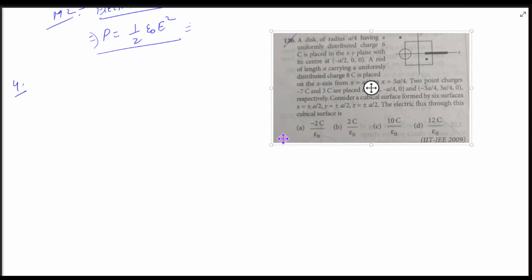So this is our fourth question. Now we have a disk of radius a by 4, having uniformly distributed 6 coulomb, placed in the xy plane with the center at minus a by 2, 0, 0. Okay, perfect. So this is our situation. Let's say this is x, this is y, and this is z.